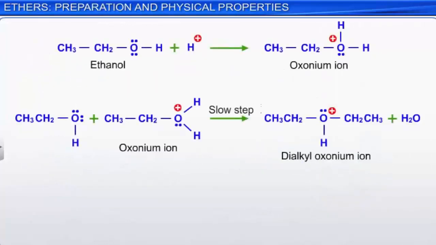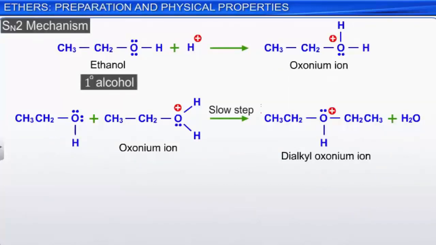Ethers can be prepared by the dehydration of primary alcohols by an SN2 mechanism, which means that the reaction involves an attack by a nucleophile and is a bimolecular slow step. In the first step, the ethanol forms an oxonium ion or a protonated alcohol.